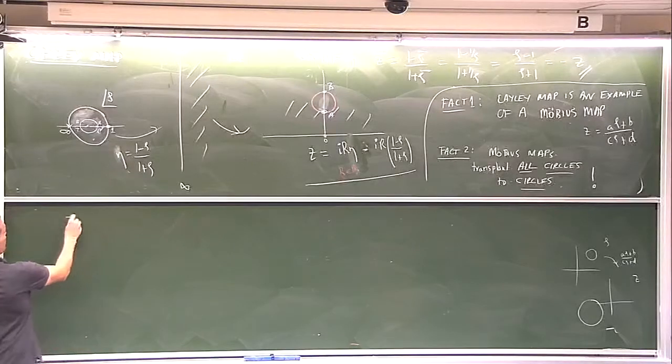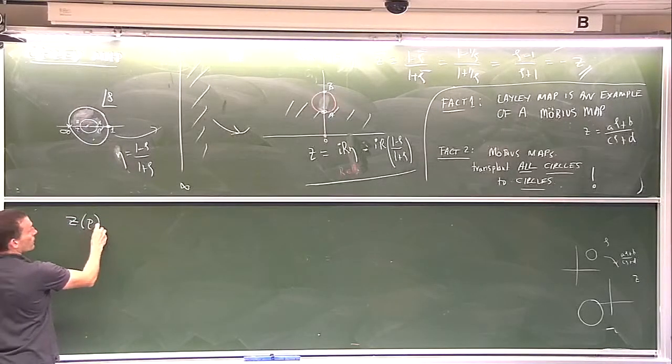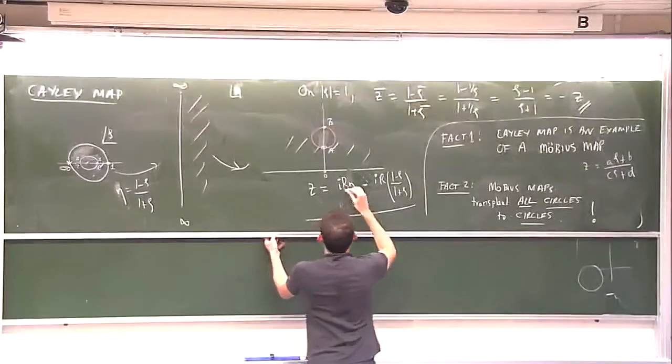So let's see, Z of rho. Let's put some notation here.